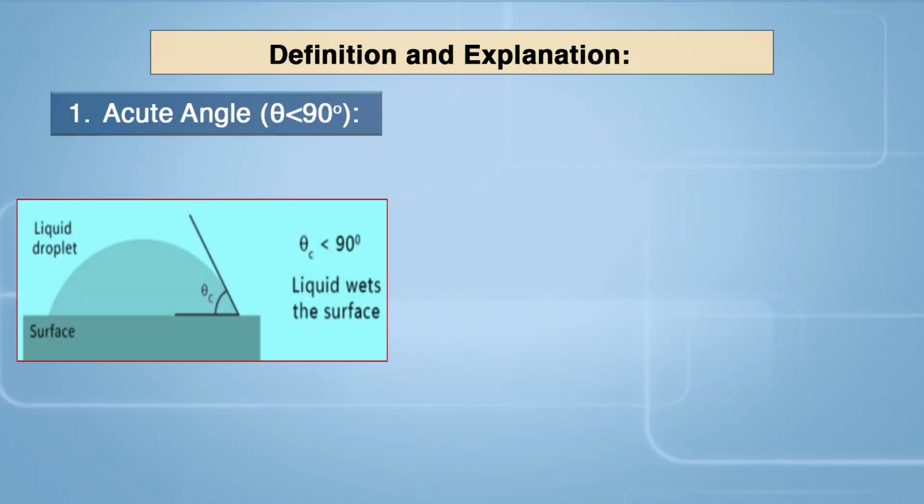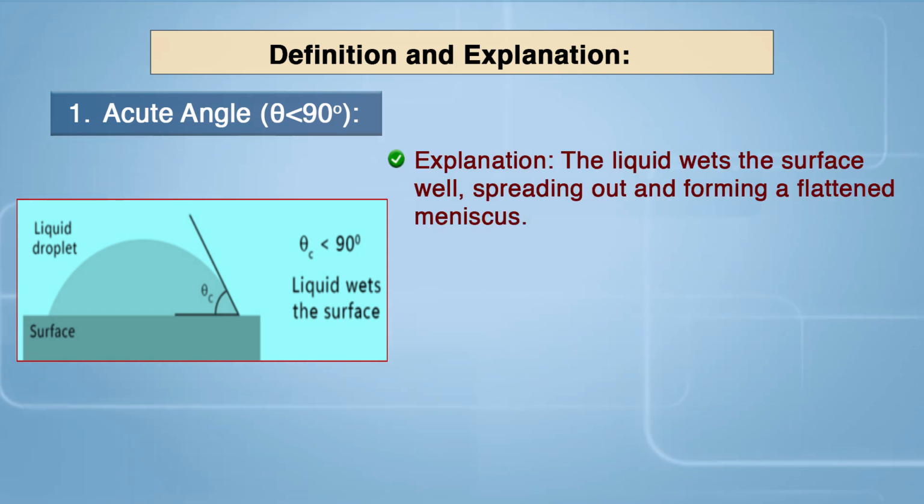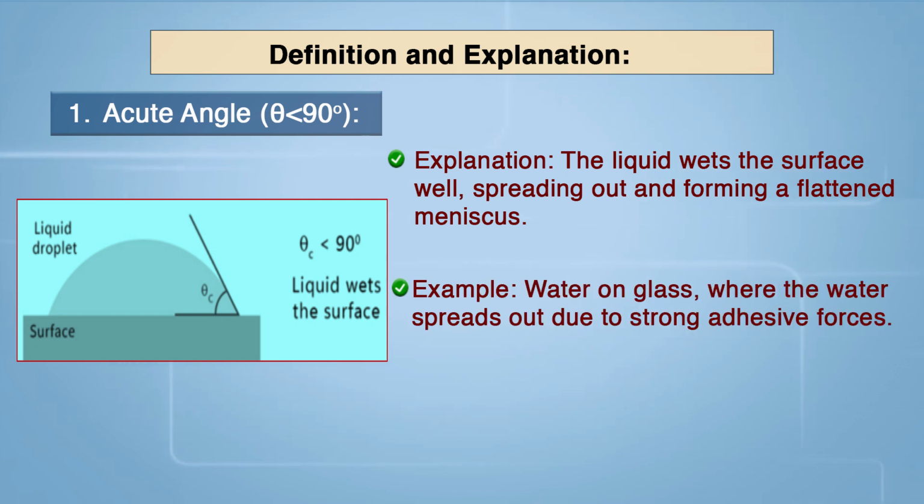Now, we need to understand the angle of contact, which is formed at the tangent point between the liquid surface and the solid surface at the point of contact. Based on this, three cases arise. First, when the angle is acute, that is theta less than 90 degrees, the liquid wets the surface well, spreading out and forming a flattened meniscus like water on glass, where the water spreads out due to strong adhesive forces.